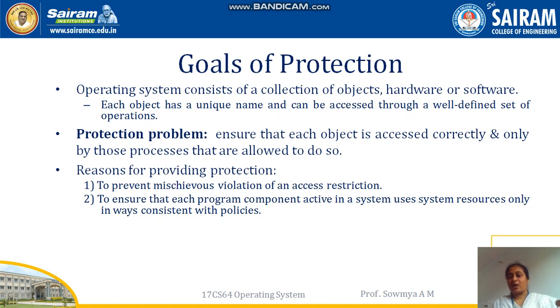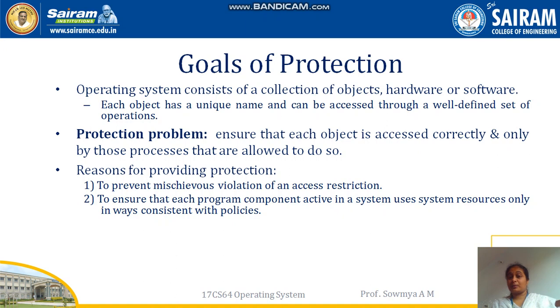So objects are accessed correctly, means the process is accessing the objects correctly, and only those processes that are allowed, means who is allowed are accessing the objects or not.